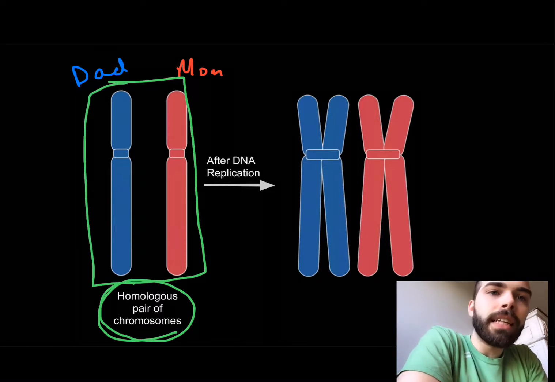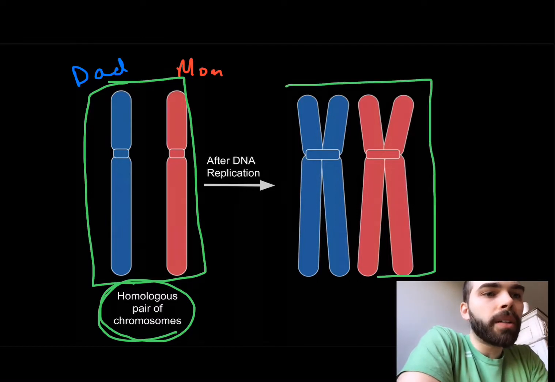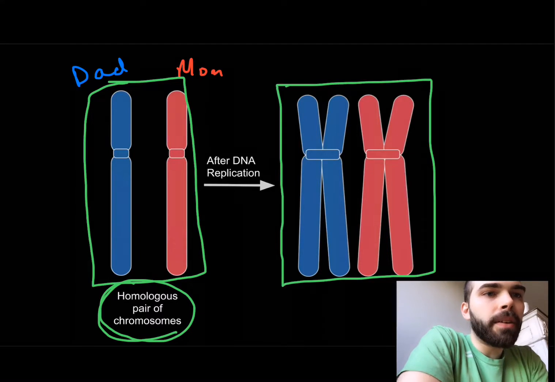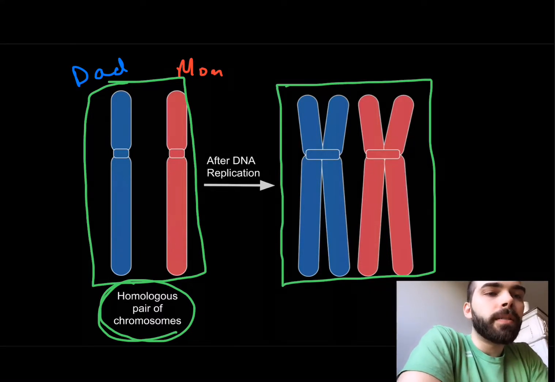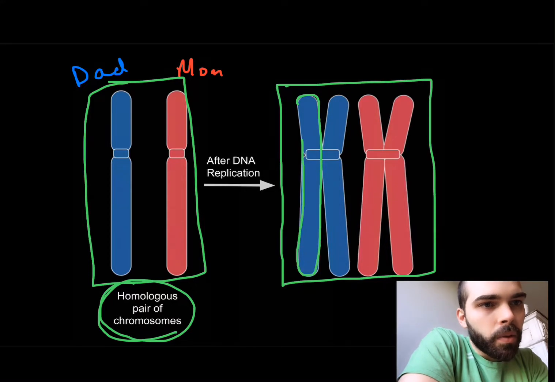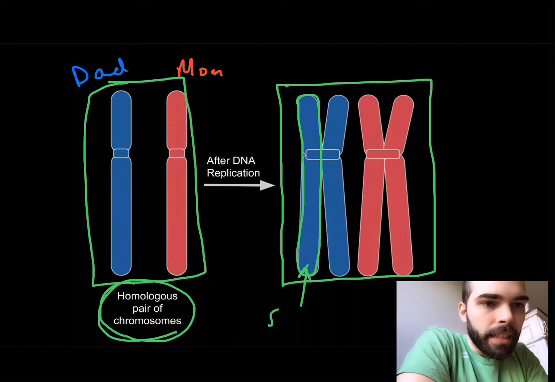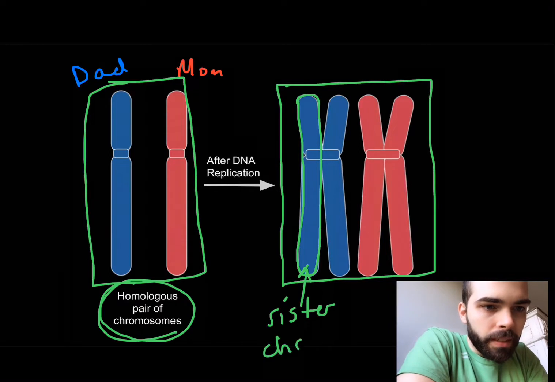Now, after the DNA gets replicated, you're still going to have a homologous pair, but now it looks like you have doubled the material there. So it's important to remember that after DNA replication, this would be a sister chromatid.